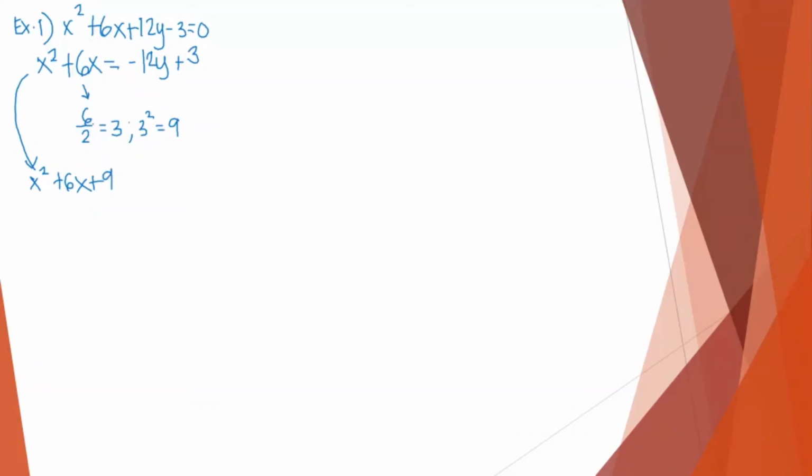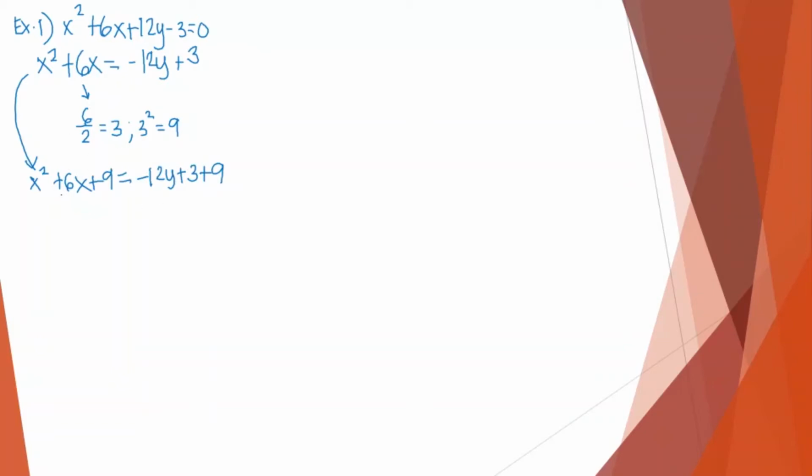That is the process of completing the square: 6 divided by 2 is 3, then 3 squared is 9. Add it on the left side, equal to negative 12y plus 3, then also add the 9 on the right side, for both the left and the right.